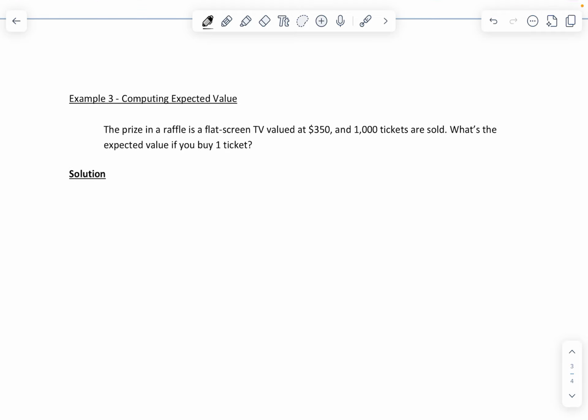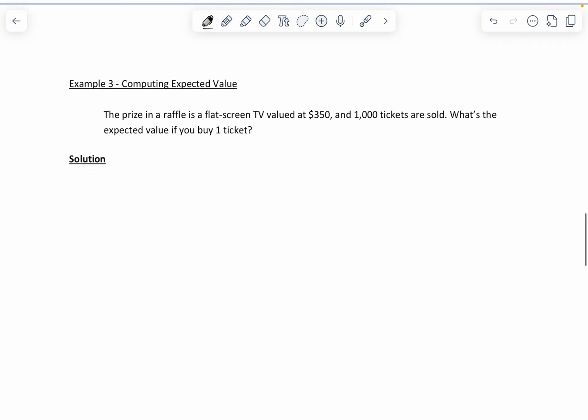Example 3. Computing an expected value. The prize in a raffle is a flat-screen TV valued at $350, and 1,000 tickets are sold. What is the expected value if you buy one ticket? It doesn't specify here, but we're assuming that the price of the raffle ticket is $1.